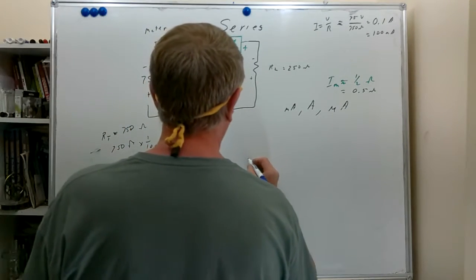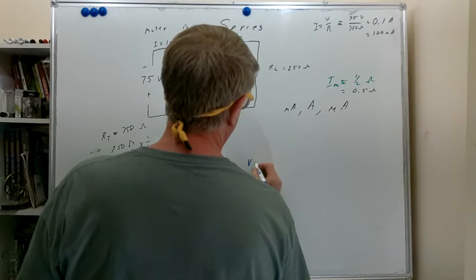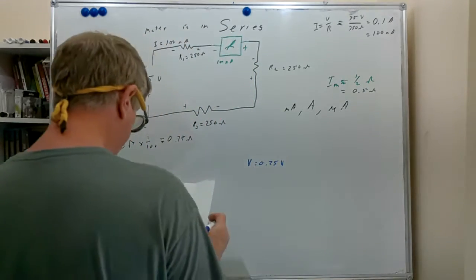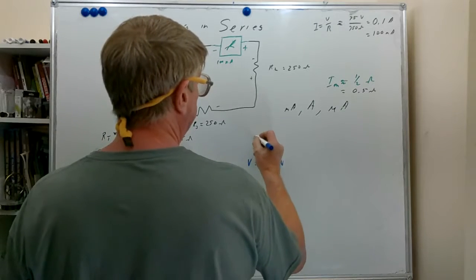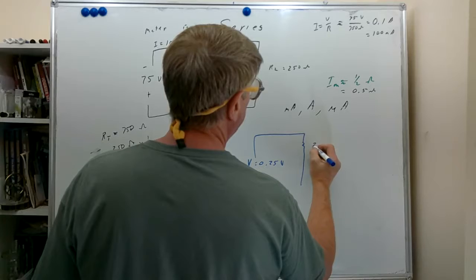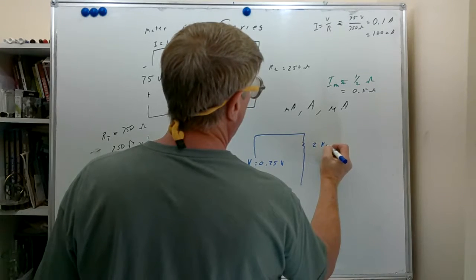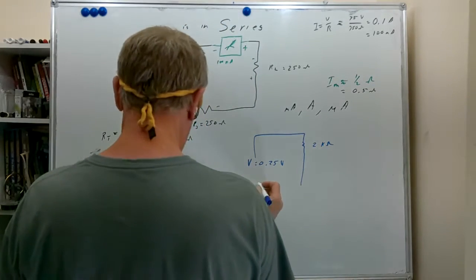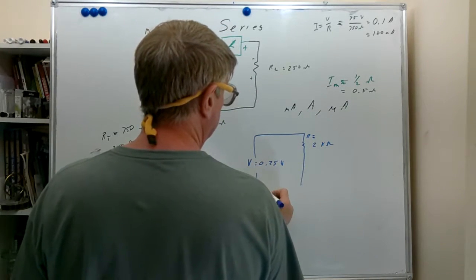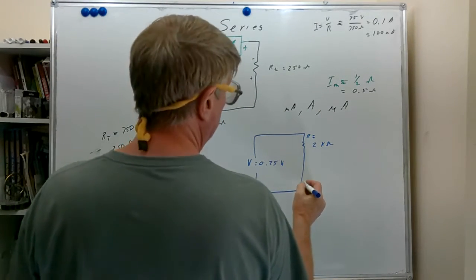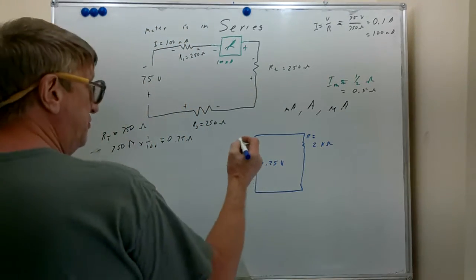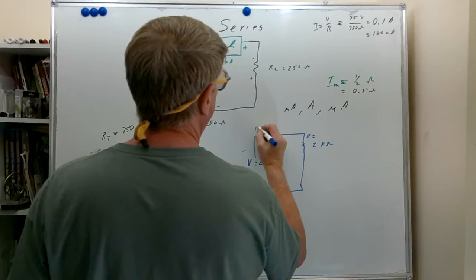We have a very low voltage on this circuit. Voltage is 0.25 volts. And we have a resistor in here equal to 2,000 ohms, or 2K ohms. And I'll put some polarities on here too. And this works out to 125 microamps.